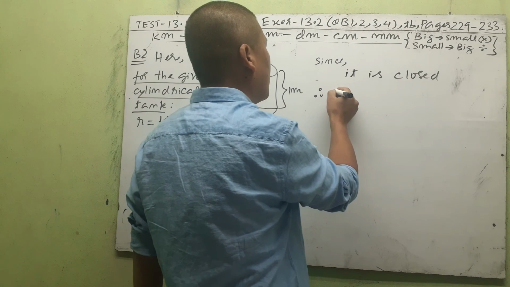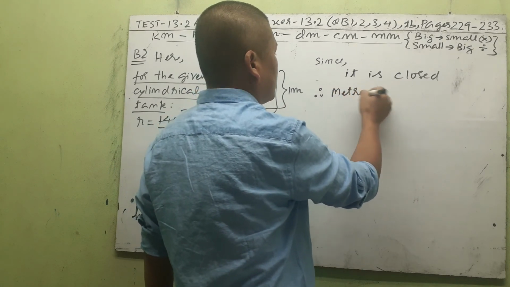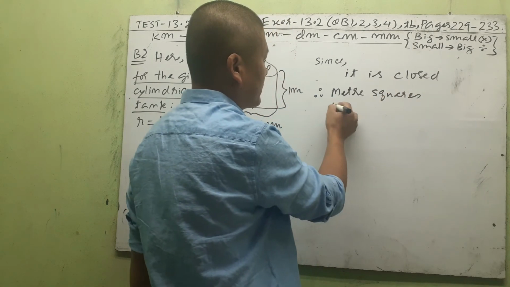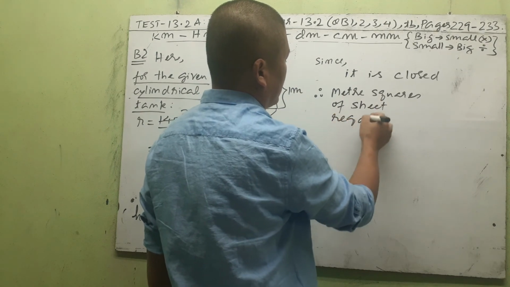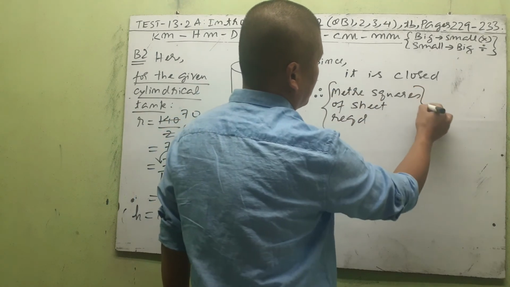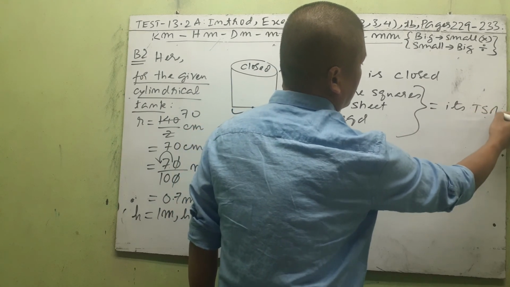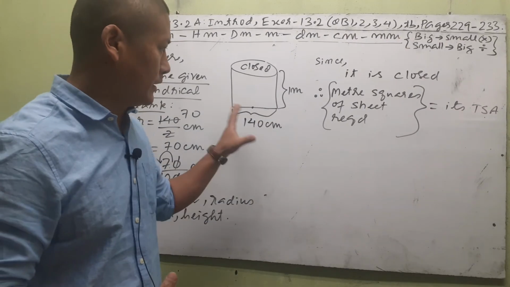Meter squares means area. Square is area. Meter squares of sheet required will be, closed means its total surface area of the cylindrical tank.